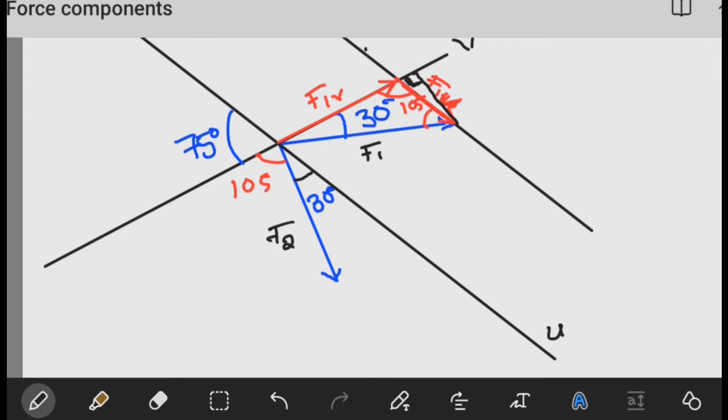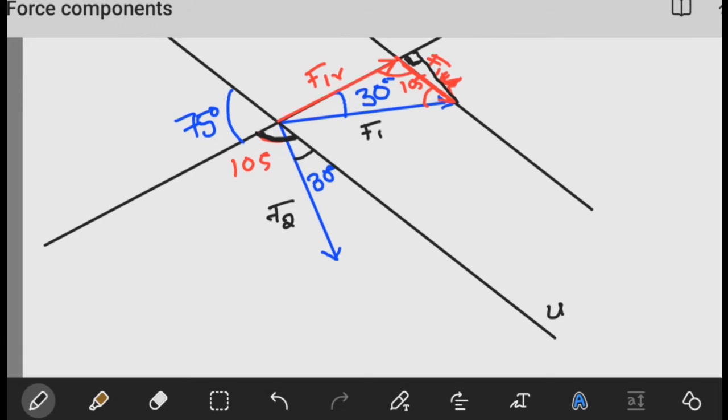It won't make a right angle because the component, since it has to be along the U axis, has to be parallel to the U axis that side. And as you can see clearly from here, the U axis is not perpendicular to the V axis.